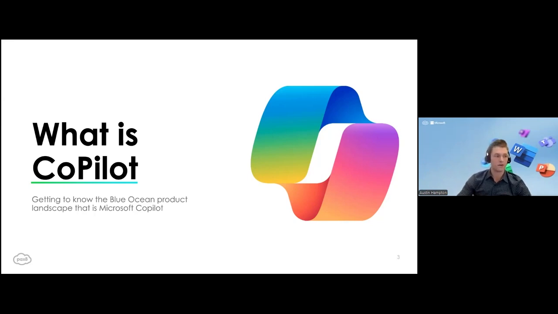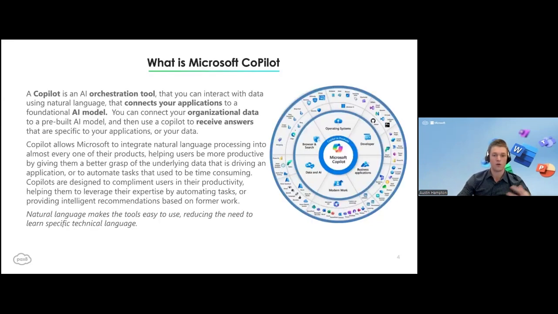I always find it's helpful to understand that Copilot itself is a brand name, and it represents the suite of products that allow users to interact with data via human language. That's all it is at its core. Here on this diagram, we've got the Copilot logo in the center. The next wheel out is the area of Microsoft that Copilot is going to integrate with.